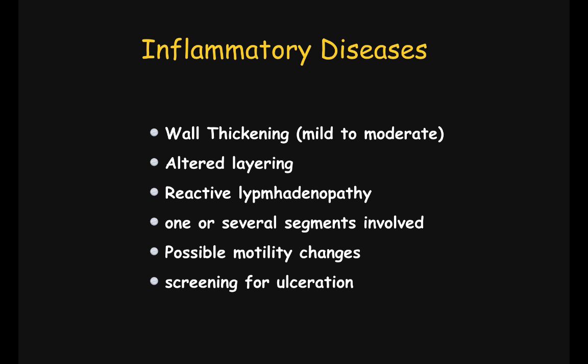Inflammatory diseases cannot always be detected on ultrasound, but when they are, they usually will have some degree of wall thickening, usually mild to moderate. They will also display altered layering, and we'll discuss that in a minute. At times, regional lymph node will be mildly enlarged as the result of reactive lymphadenopathy, and the extent of the changes can be either localized to one bowel segment or affect several or most of the GI tract.